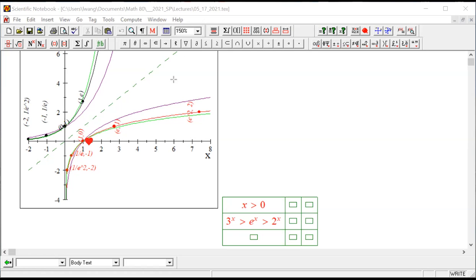This input has a corresponding output. And so this is the vertical line. This vertical line crosses the purple, crosses the black, crosses the green. Each height is the value for 2 to the power x, e to the power x, 3 to the power x. Does that make sense?